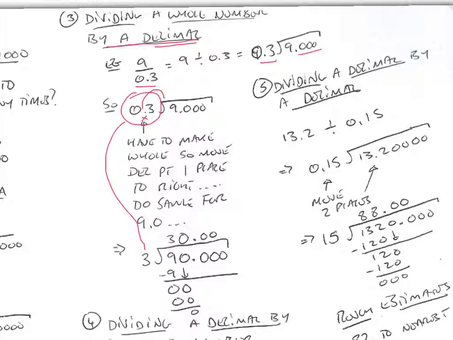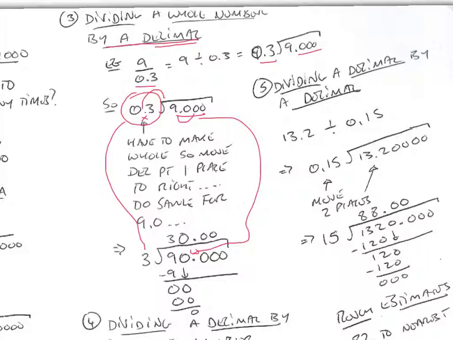But what we do to the 0.3 on the outside, we must do to the 9.0 on the inside. So we move the decimal point one place to the right, and that gives us 90 here. So we're actually dividing 3 into 90, but mathematically it's the very same thing as dividing 0.3 into 9.0.